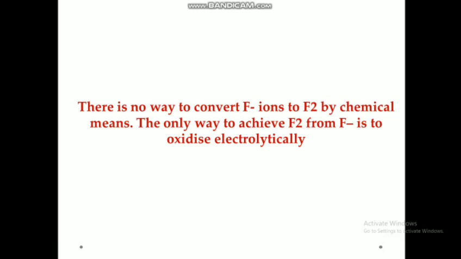So there is no competition for fluorine. There is no better element to accept electrons than fluorine. That's why there is no chemical method to substitute F minus ions, or to convert F minus ions to F2 by just chemical means. If we need to convert, then we have to go for electrolytic methods.